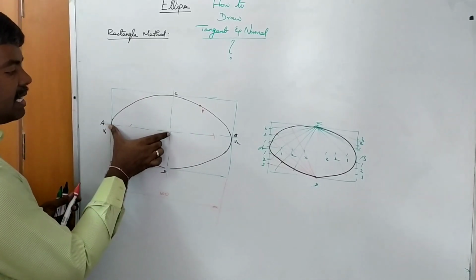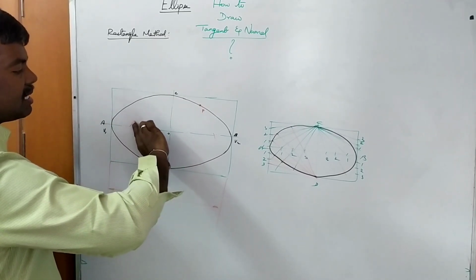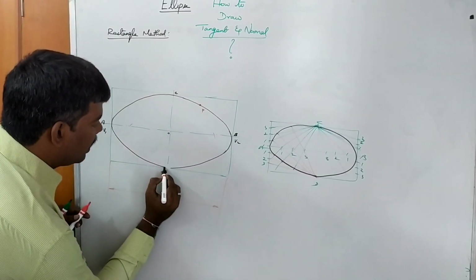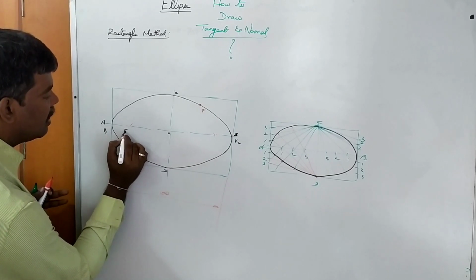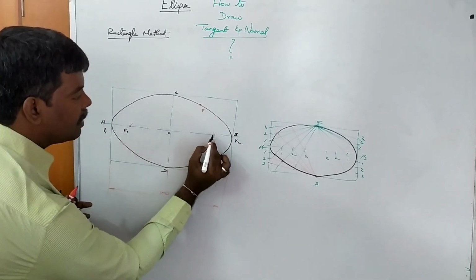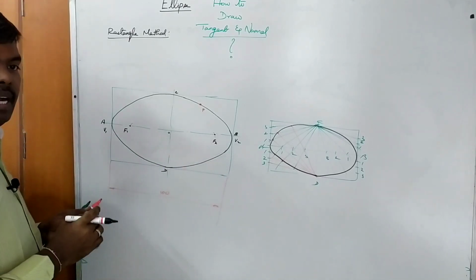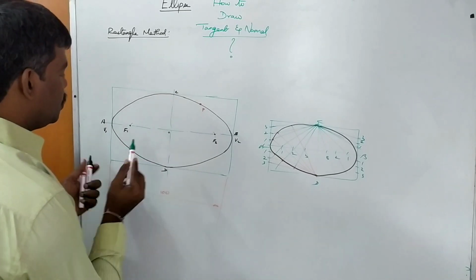With 50 as the radius and C or D as the center, intersect arcs on the major axis left side and right side. So we get 2 points. That is called focus F1, F2.